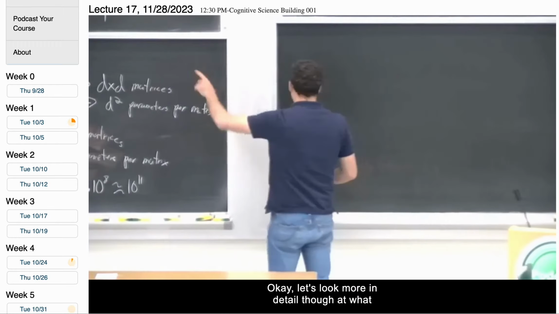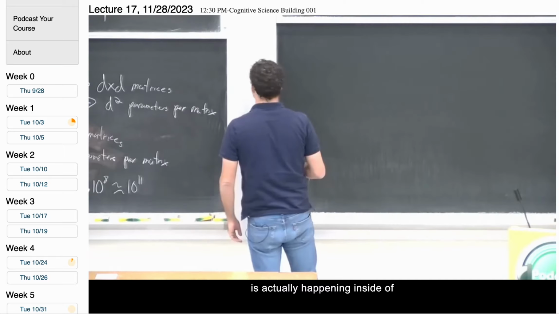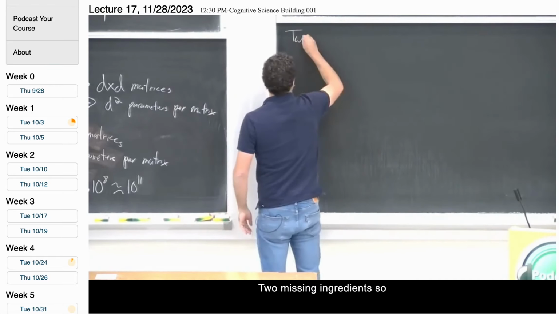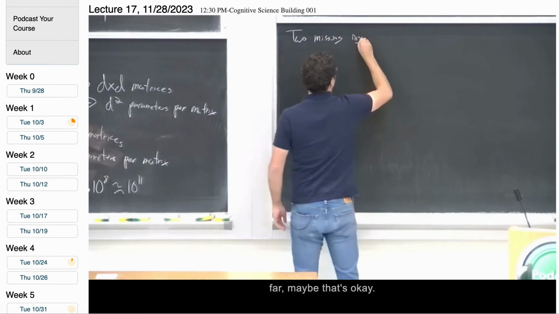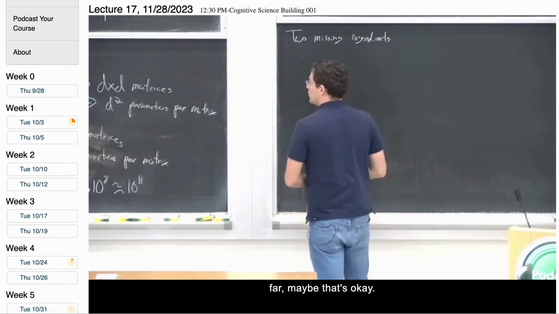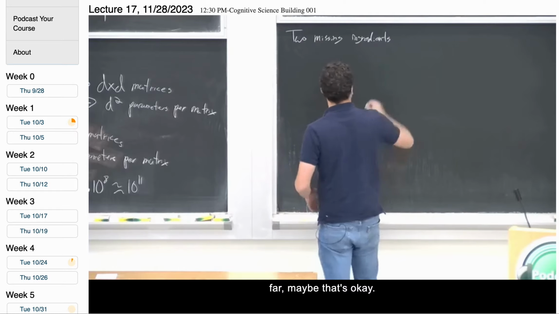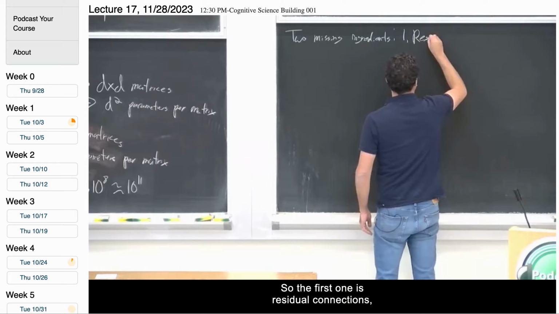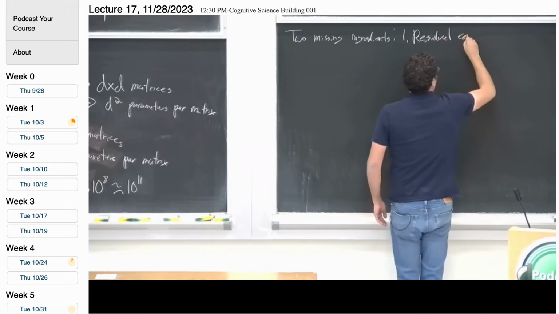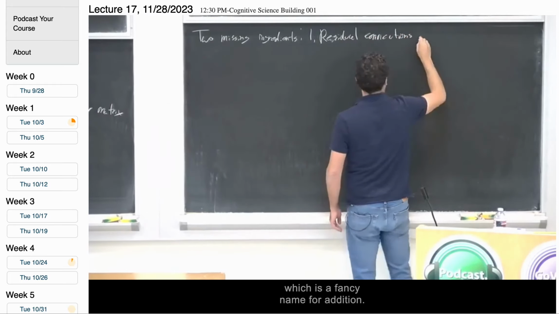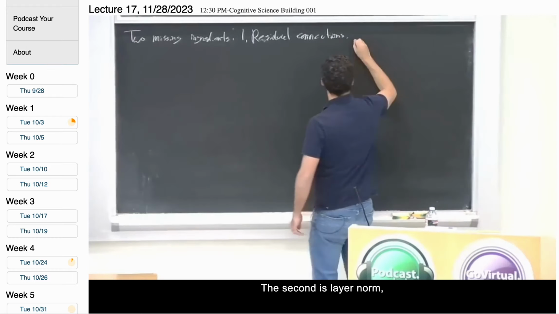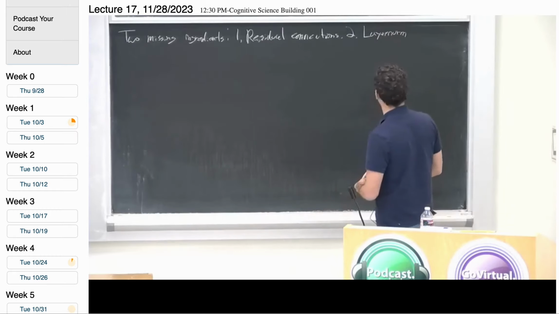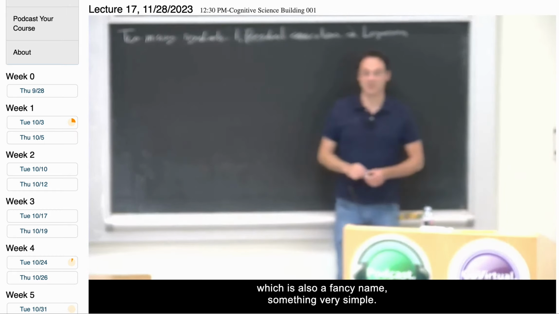Okay. Let's look more in detail at what is actually happening inside of the layers, and we'll finish up some missing ingredients. So 2 missing ingredients so far. The first one is residual connections, which is a fancy name for addition, and the second is layer norm, which is also a fancy name for something very simple.